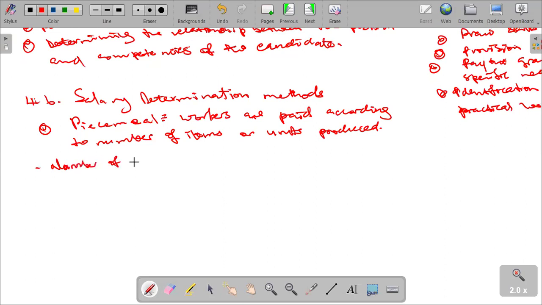The number of hours worked is not used in remuneration.